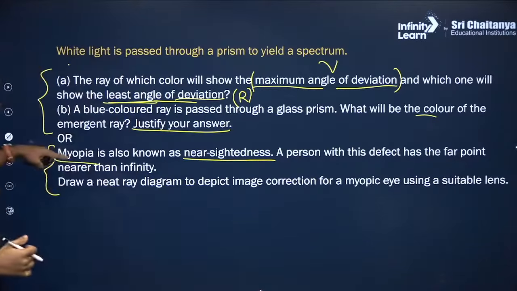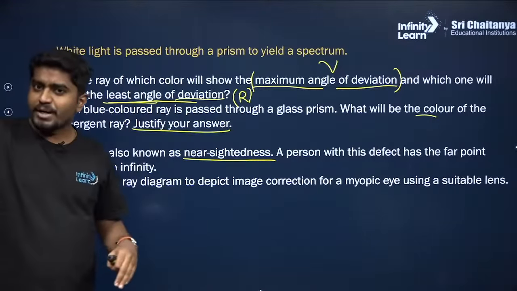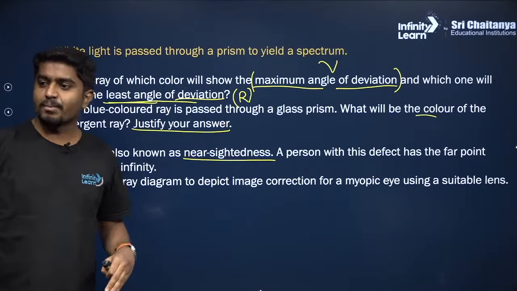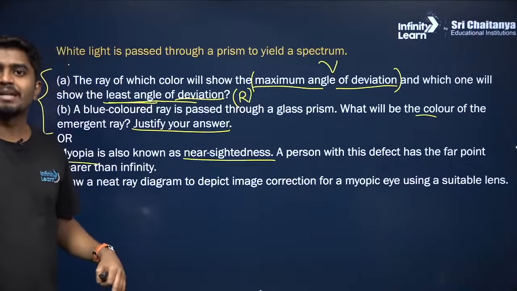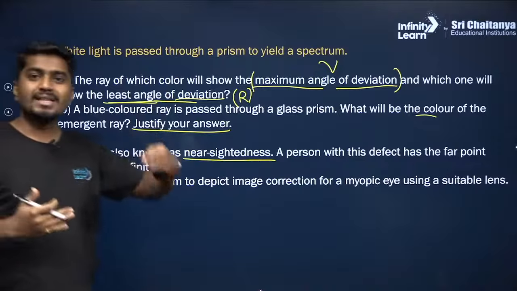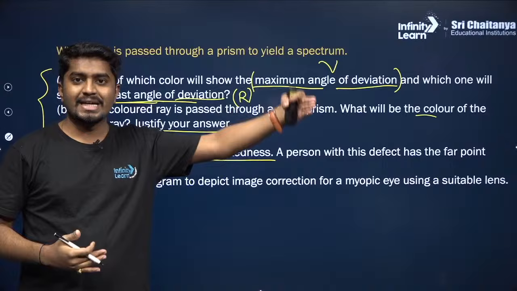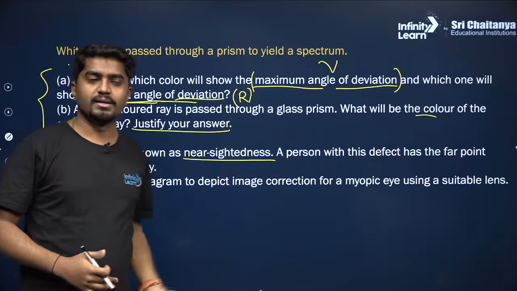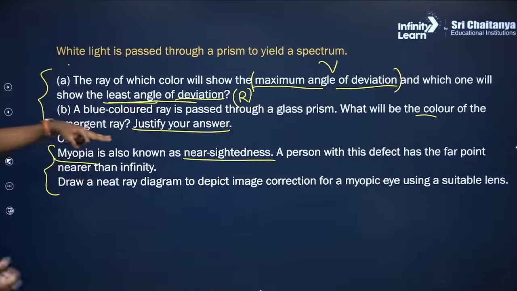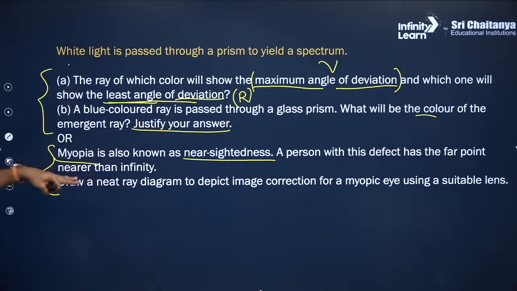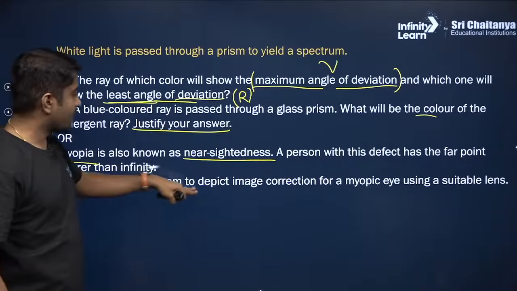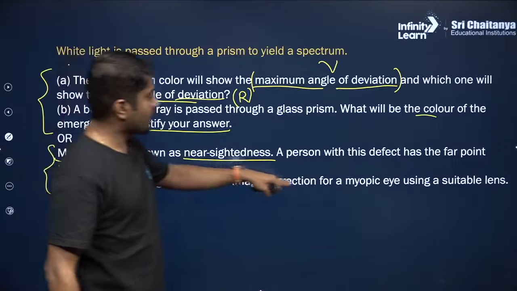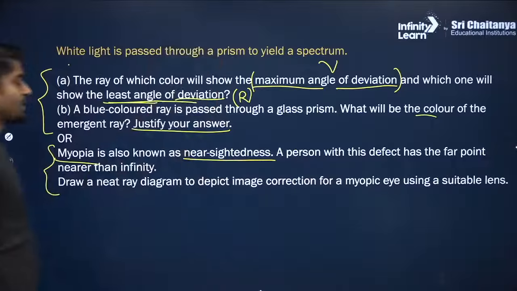But if a person has myopia, the far point is nearer. So let's suppose the far point is 1 meter or 4 meters, 10 meters. So a person will not be able to see any object which is placed beyond 4 meters. So that is the meaning of far point nearer than infinity. Draw a neat ray diagram to depict image correction for myopia.